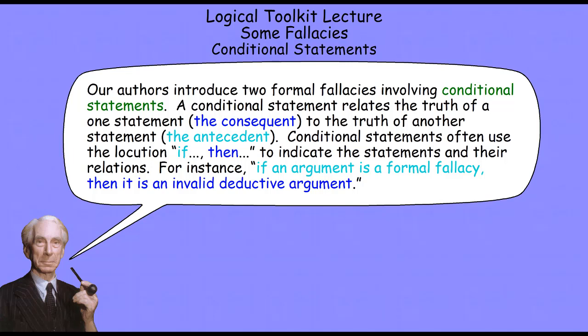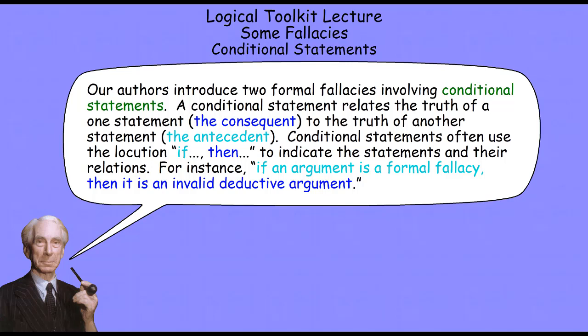And I've color-coded it to associate if with an antecedent and then with a consequent. So a conditional statement makes an assertion that if the antecedent is true, so the truth of the antecedent implies, guarantees the truth of the conclusion, then the conclusion is true. So there's a directionality. If the antecedent is true, the consequent is true.